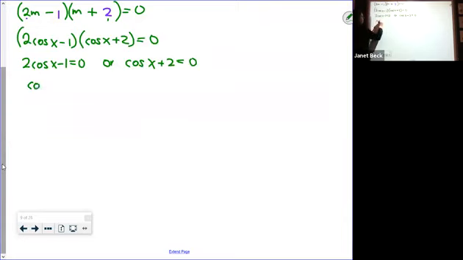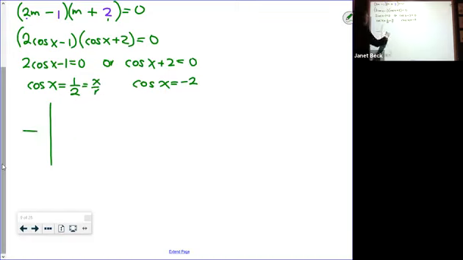This would give me the cosine of x equals 1/2. This one gives me the cosine of x equals -2. Cosine is a ratio of x divided by r. If it's positive, I must be going into quadrant 1 or quadrant 4.